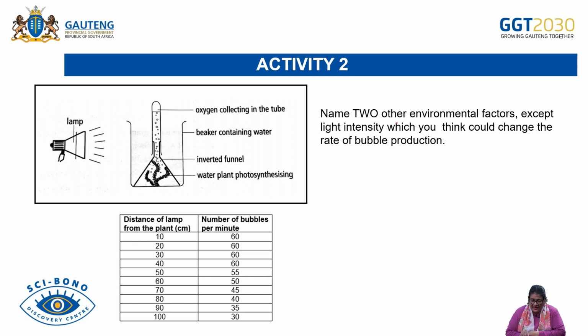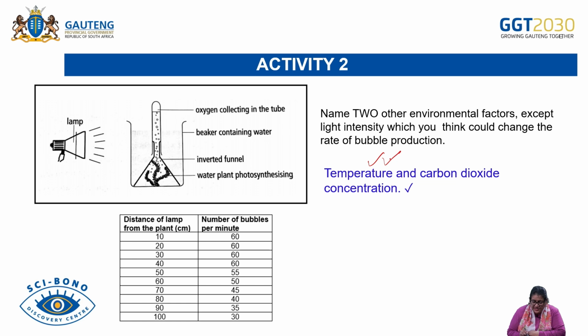So name two other factors except light intensity which you think could change the rate of bubble production. It's going to be temperature and carbon dioxide concentration.